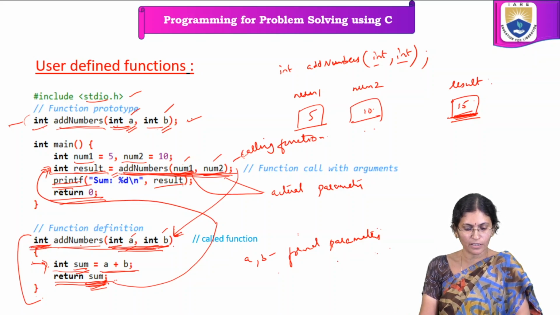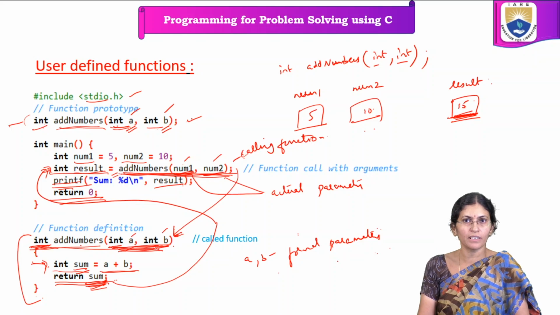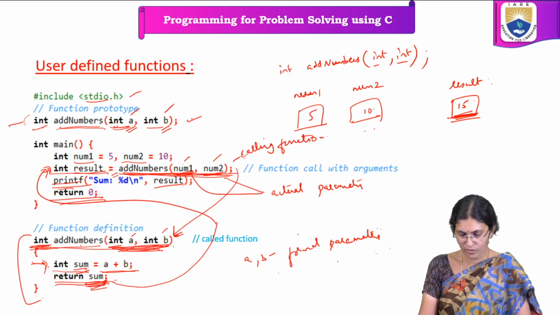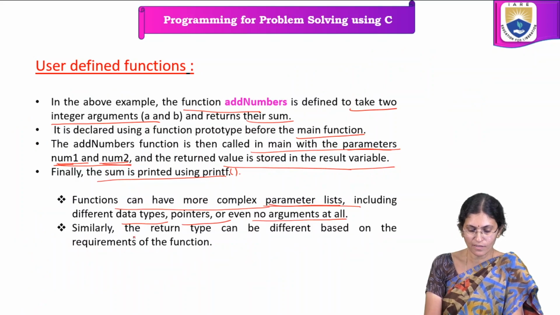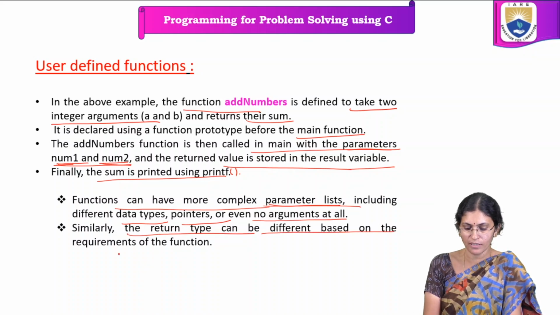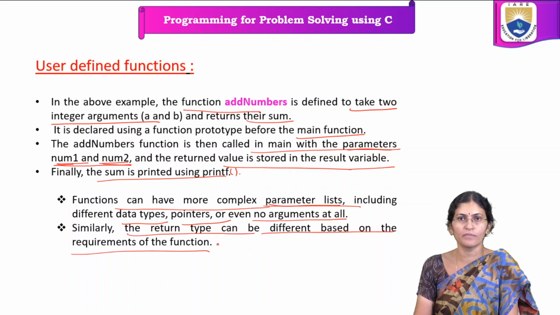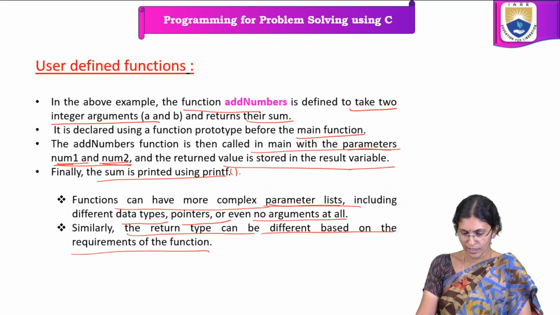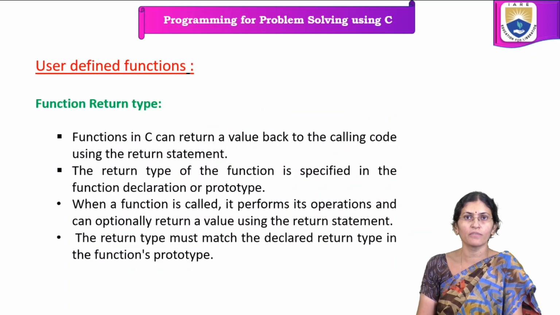Depending on the return type and parameters, we have different types of functions, which we'll see later on. Similarly, the return type can be different based on the requirement of the user.